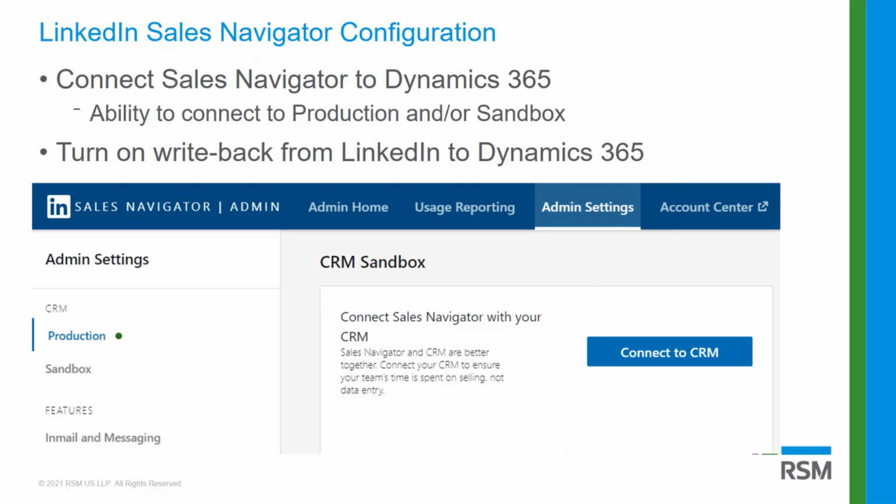The other thing that I wanted to mention real quick, because this just came out the last quarter, is that previously we could only connect to a production environment. I had several people reaching out to me saying, hey, I want to try this with my Sandbox. Can I do that? That was not possible. But as you can see now, if you go here to admin settings, there's now a Sandbox item here as well.